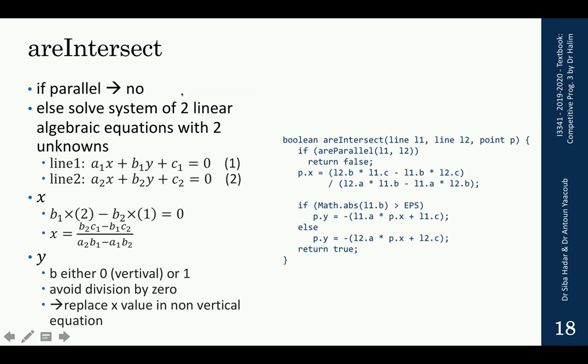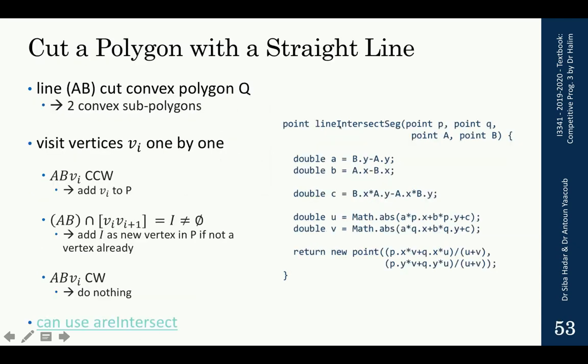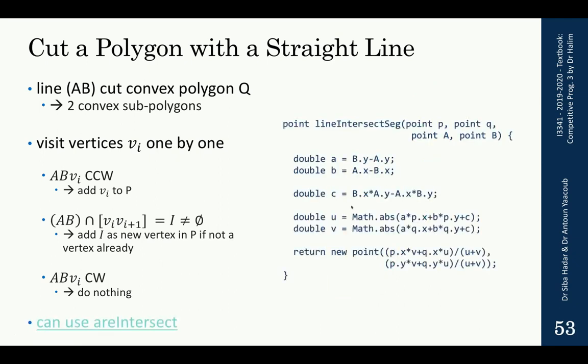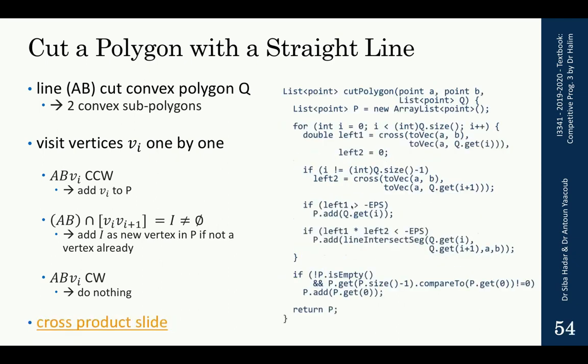So we could have used this with a small modification in the code, but the authors prefer to put directly this function, and this will be used in order to calculate the cut polygon. So I continue the slides.